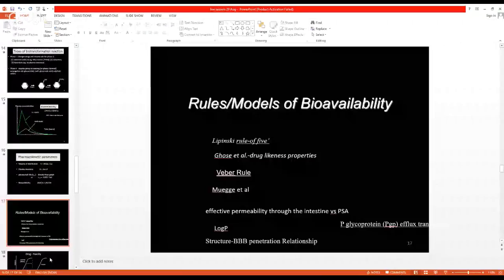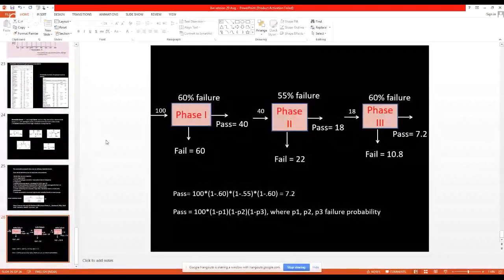Then there was one more doubt which was asked by many, related to statistics and probability. This is based on a very simple knowledge of statistics. So we have phase 1, phase 2, and phase 3 clinical trials. Imagine 100 molecules are entering phase 1 clinical trial, and if there is a 60% failure, that means 60 of the molecules will not pass phase 1, only 40 will pass.